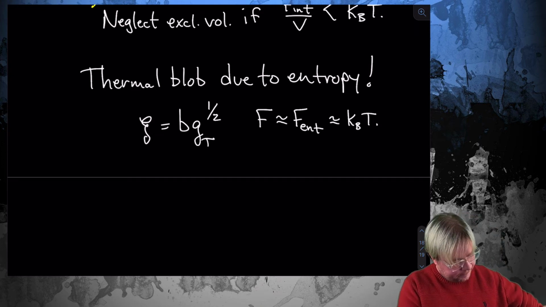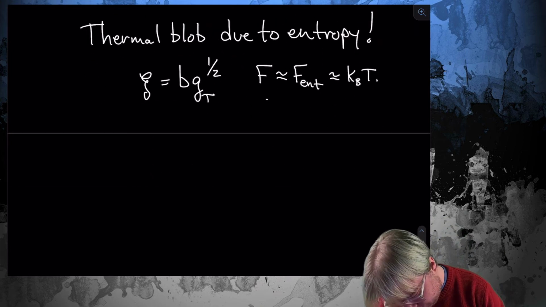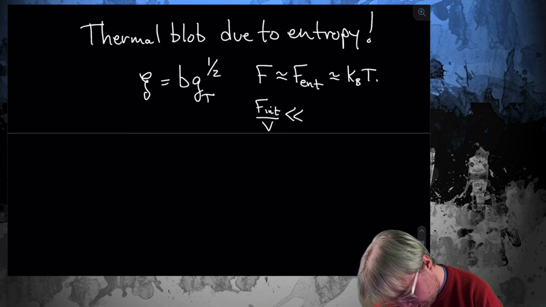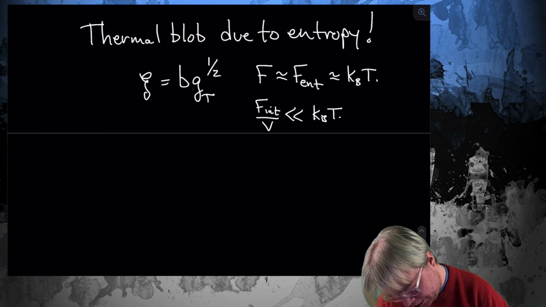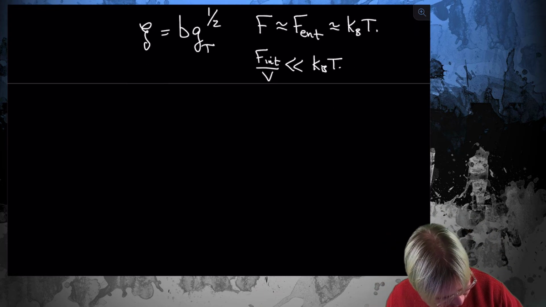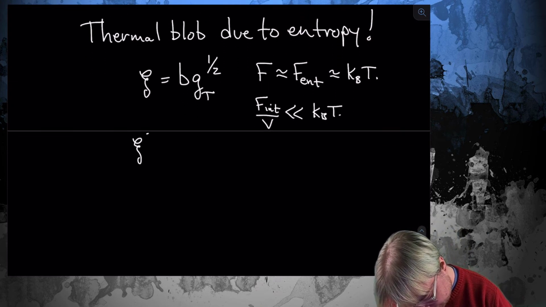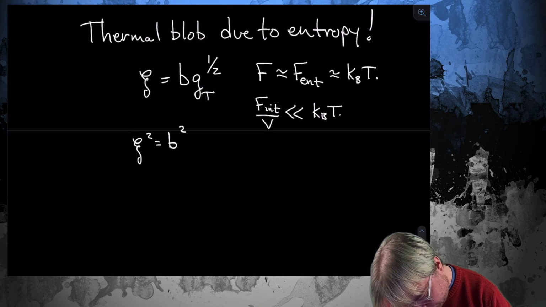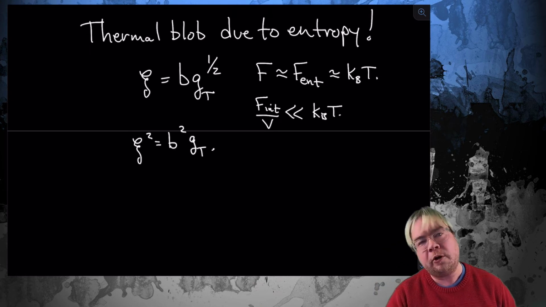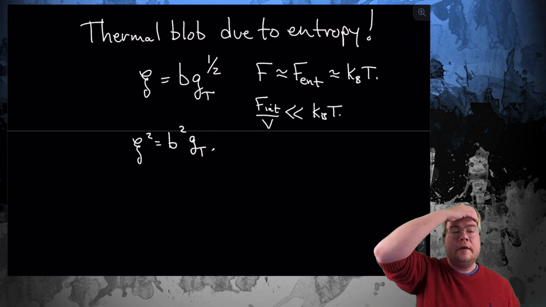Let me flip my notes here. So, again, we're going to assume that F due to interactions divided by volume, if you want, is much, much less than kBT in the thermal blob. So we know its size. Of course, I could square this. I'll just write it down, even though it's obvious. But this squared will be B squared times G thermal, just for completeness. All right. So I've got that.